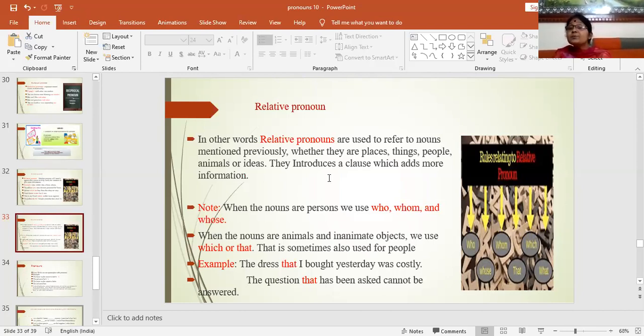They introduce a clause which adds more information. Now note that when the nouns are persons, we use who, whom, and whose. This is very important. And when the nouns are animals and inanimate objects, we use which or that.